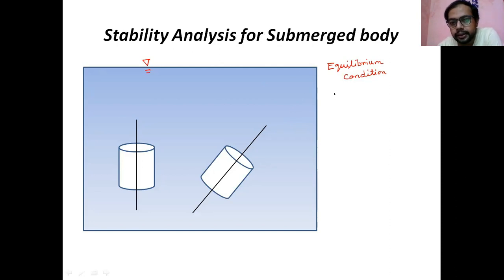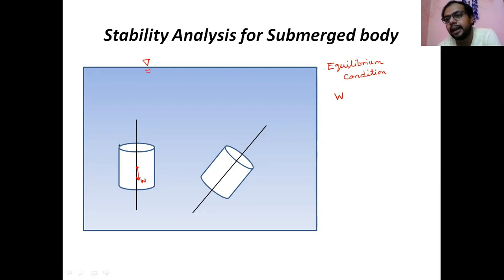When this W, the weight of the body, the body having some weight, that is W, and the body is also displacing some liquid. The body is displacing the same volume of the liquid.